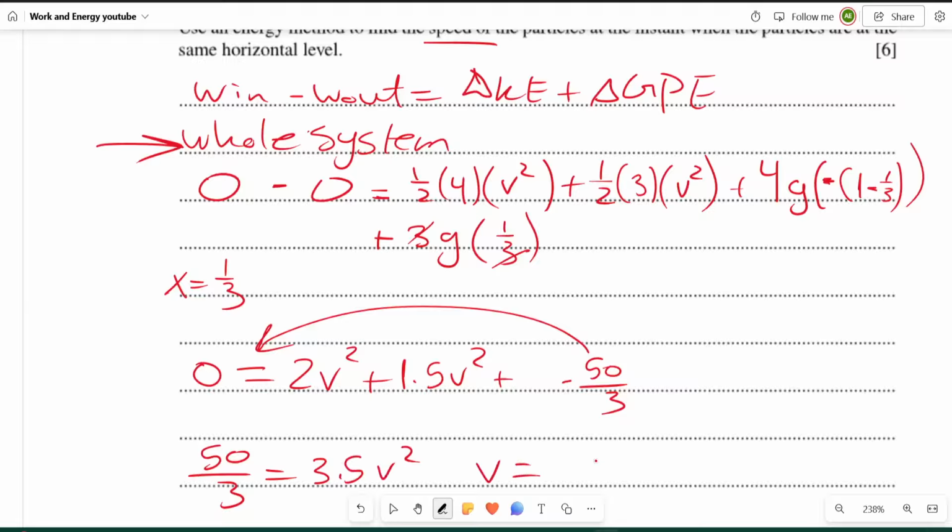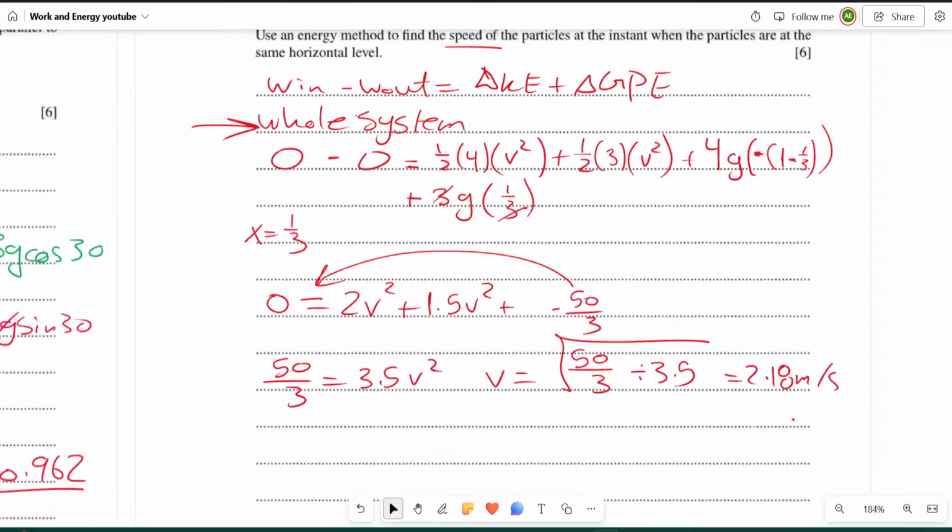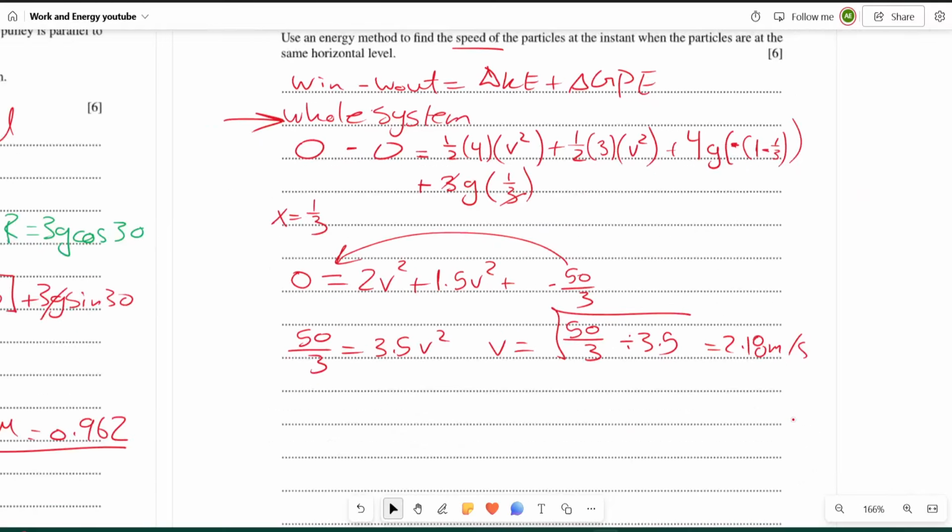So v equals the square root of 50 over 3 divided by 3.5. Putting that in the square root gives us a v value of 2.18 meters per second.